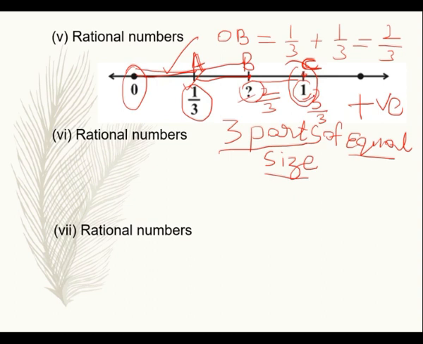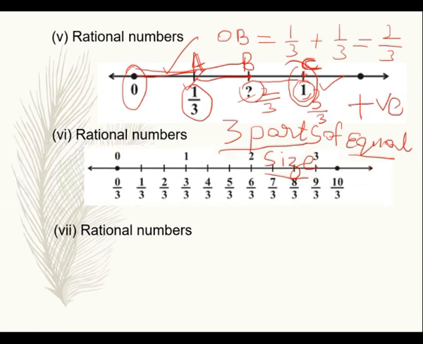Okay. Now we will learn the next rational number line. This is another number line. See children, here the next number line contains 0, 1.